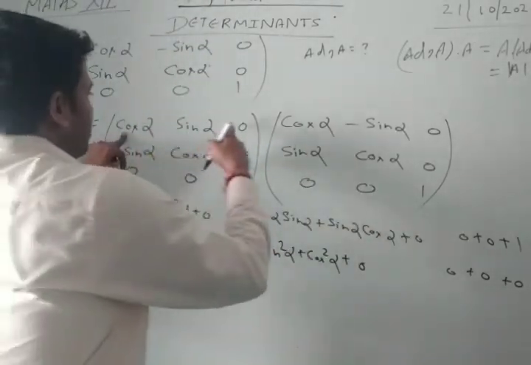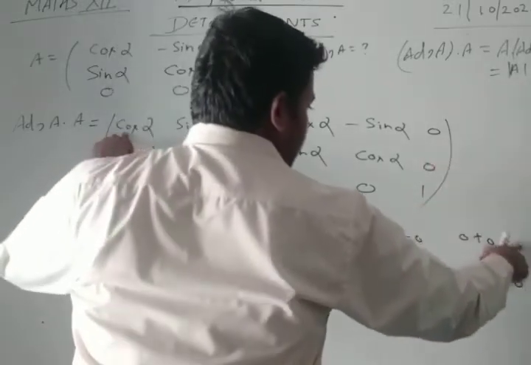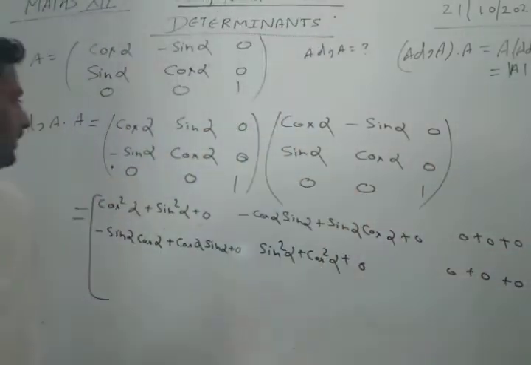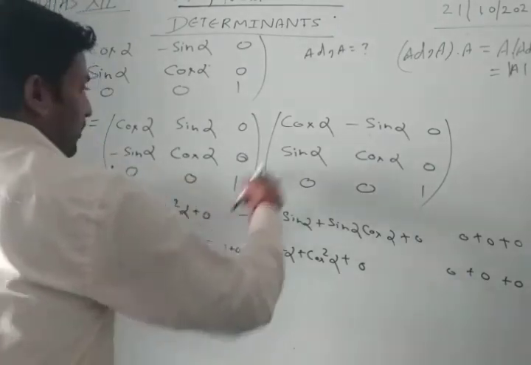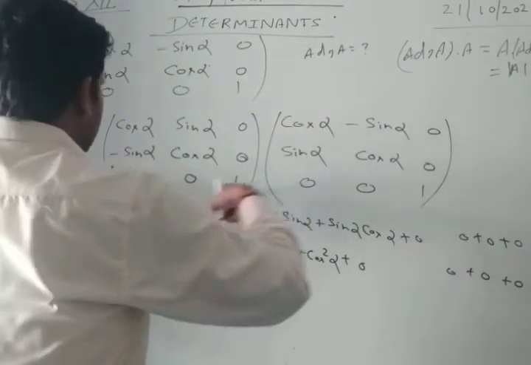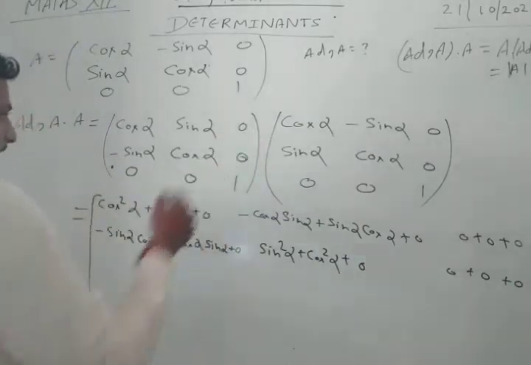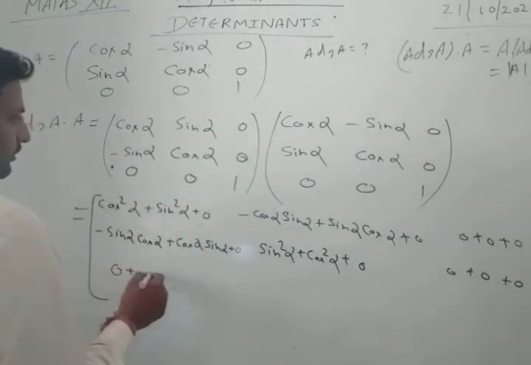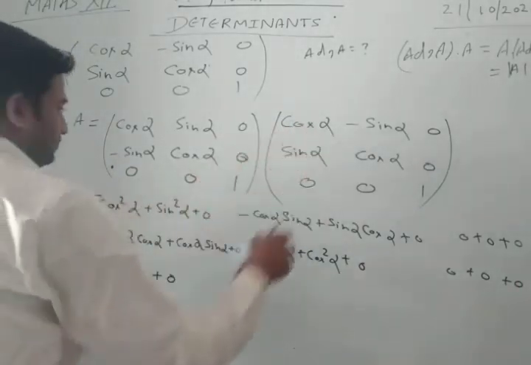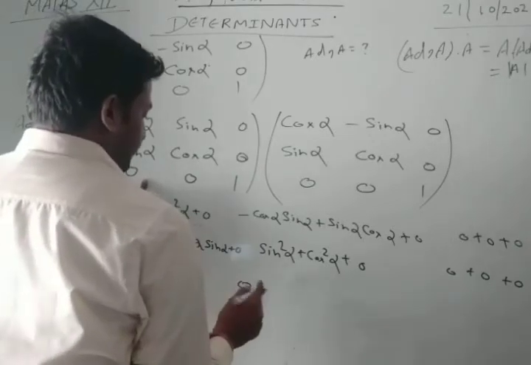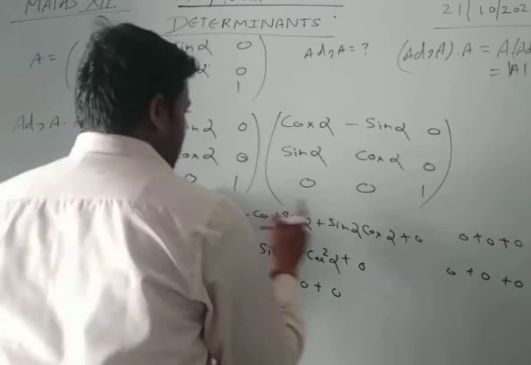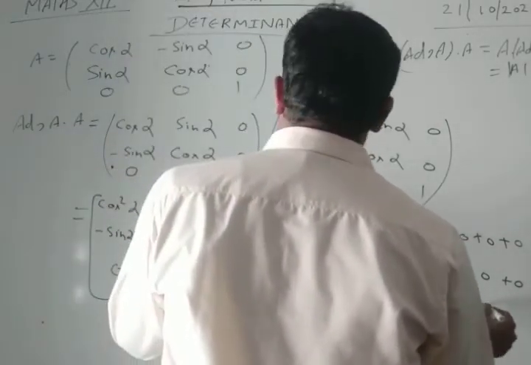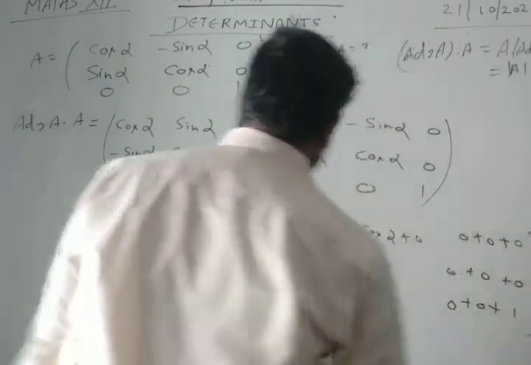Now we take third row, first column, third row, second column, third row, third column. So multiply: 0 plus 0 plus 0, again 0 plus 0 plus 0, and the next 0 plus 0 plus 1.